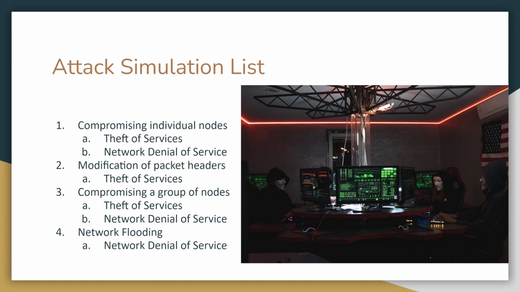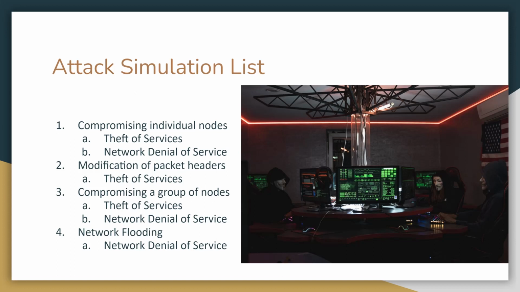So, in our attacks, we have a list of all the simulations that we believed to be the most effective on a QoS-based network. The first attack, which is compromising individual nodes, has two different categories. It was theft of services and network denial of service. The second attack, which was modifying a packet header, had only one simulation, which involved just a simple theft of services.